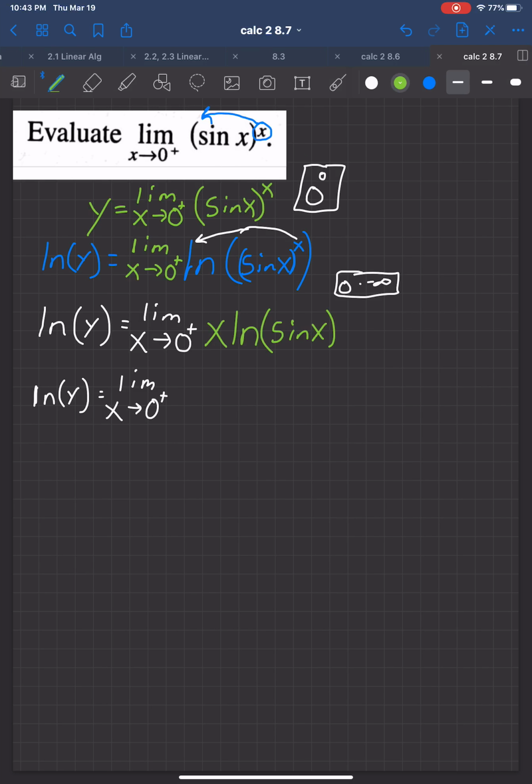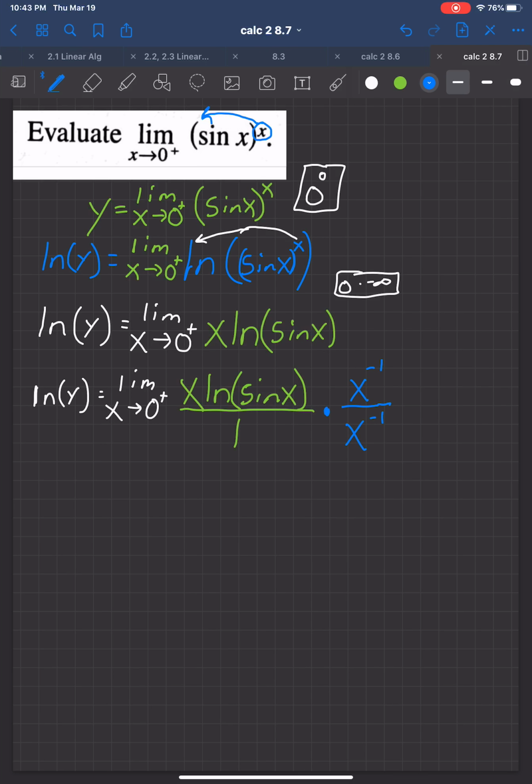This is x ln sine of x. If I just simply think of that as being over 1, and multiply by, you guessed it, 1 over x to the negative 1.